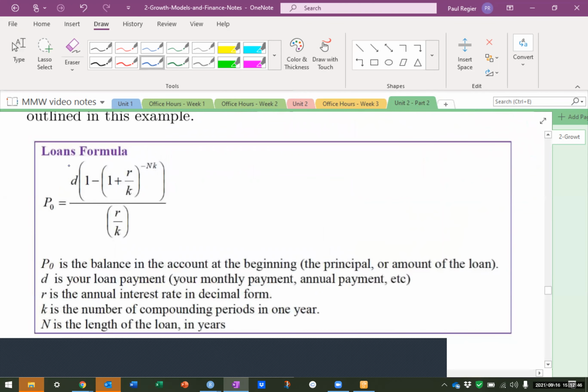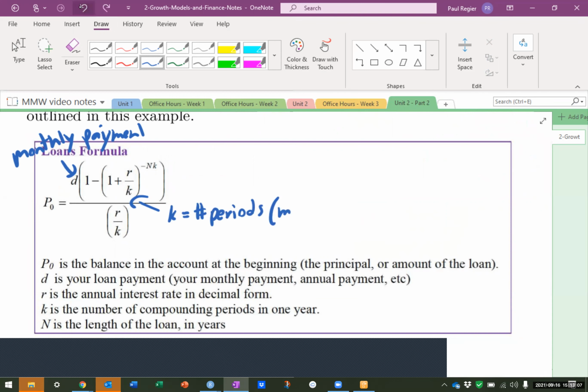So D is the monthly payment. K is the number of periods; technically it could be something else, but it's usually months, so usually 12 months per year.